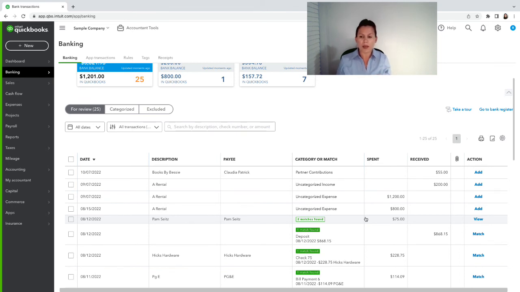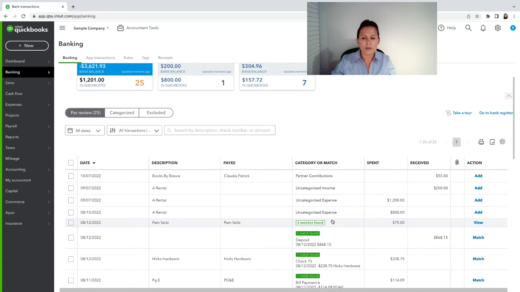Now, keep in mind, if it is a check, never create a rule for checks and ACH either, because QuickBooks cannot read that. By the way, I can put the link to the rules video down below so you can watch that in more detail. Okay, so that's pretty much it.